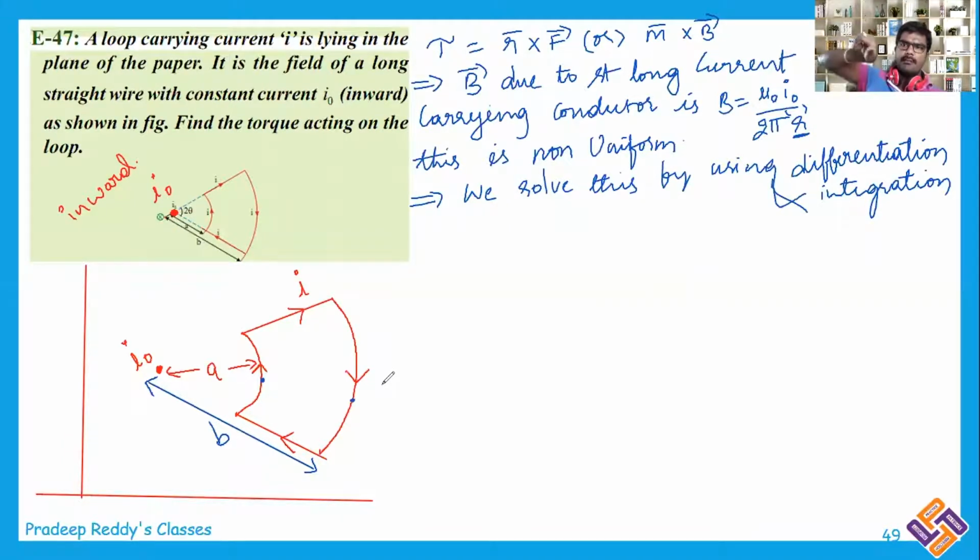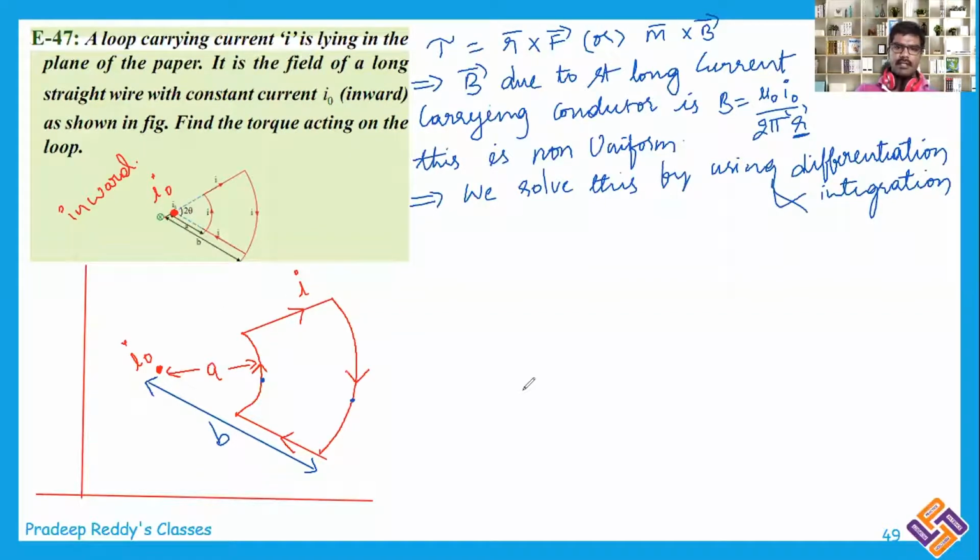When I put my thumb inside, the four fingers represent the magnetic field. So the magnetic field will be in this direction. For this straight current carrying conductor, this is the direction of the magnetic field.